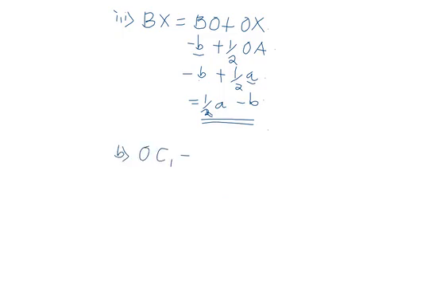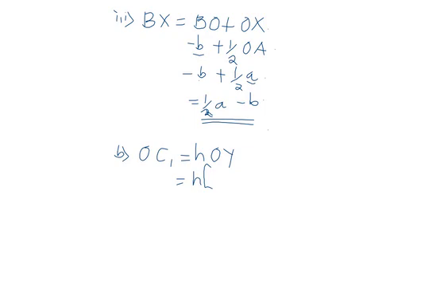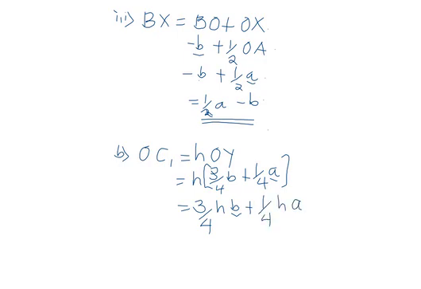So OC, the first expression, can be given by h of OY, which is equal to h, and in the place of OY we will have the expression which we obtained in Roman 2, which is 3 over 4 vector B plus a quarter vector A. So we open the brackets and this expression becomes 3 over 4 h vector B plus 1 over 4, which is a quarter, h vector A.